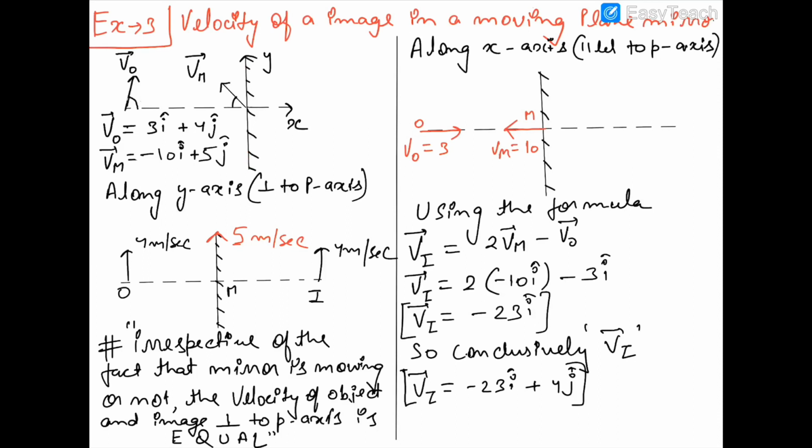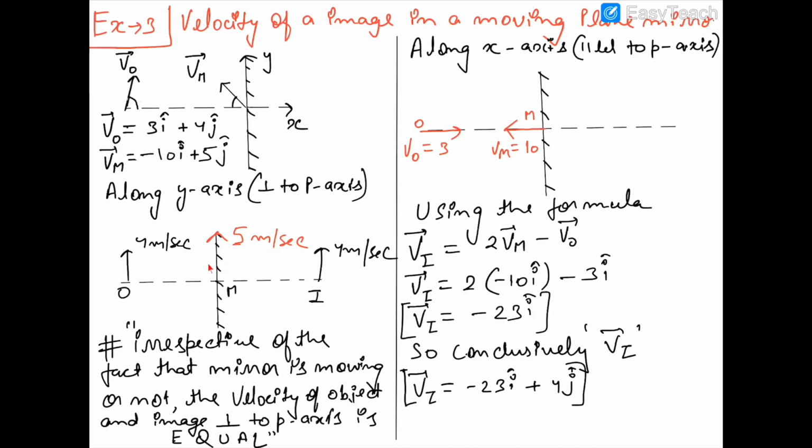So I'm taking firstly the velocities along the y-axis, which is perpendicular to the principal axis. The velocities are already resolved and given in vector form, so the velocity of the object along the y-axis is already given as 4 meters per second, as well as the velocity of the mirror along the y-axis, given as 5 meters per second.